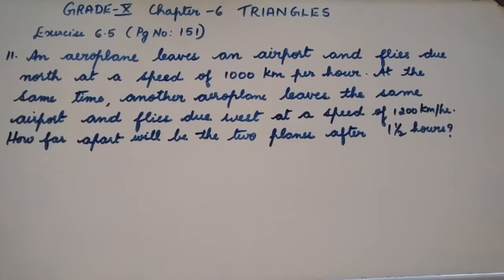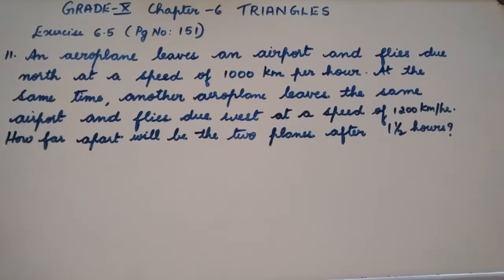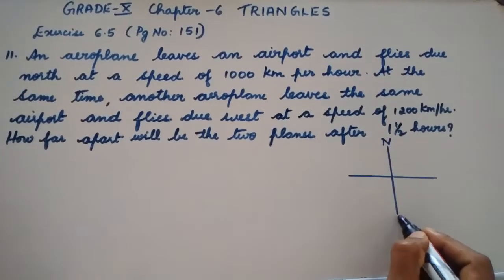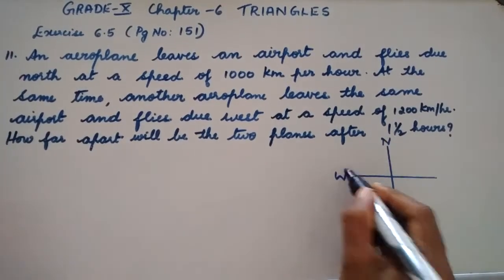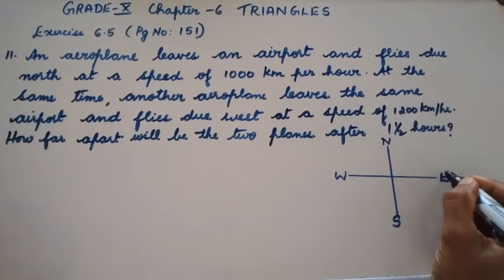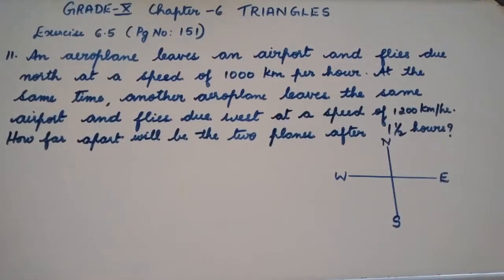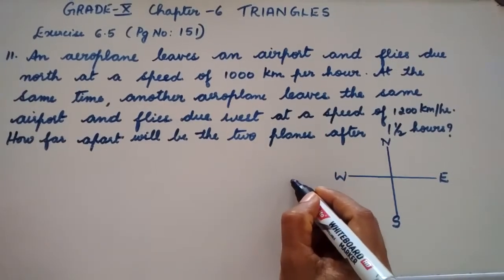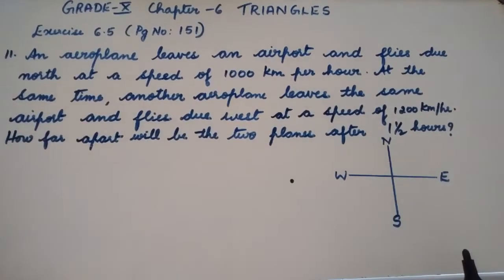First, let us understand the directions. So, this is north, south, this is west, and this one is east. Suppose this is an airport.